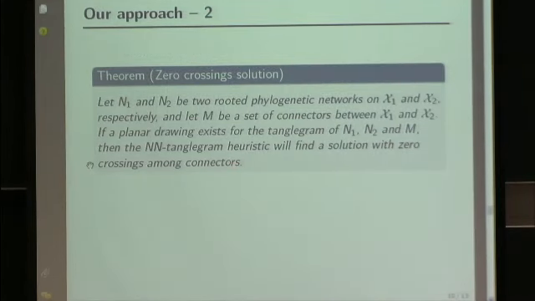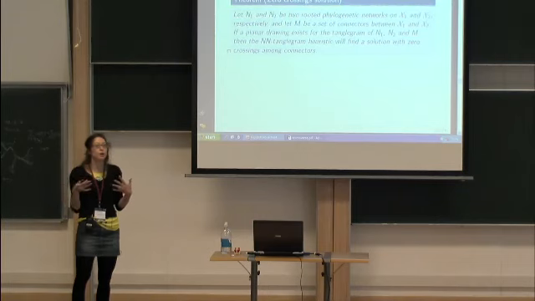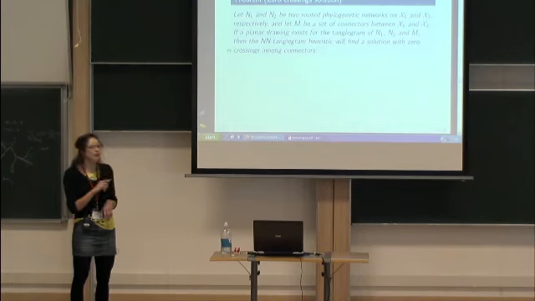So why do we use NeighborNet? This is something that the reviewer asked. I think it was really obvious from the way that we wrote the paper, but this is exactly why we do that. If we have a planar tanglegram, it means I can put the two rooted phylogenetic networks so that they are both planar, and the connecting auxiliary lines are not crossing.